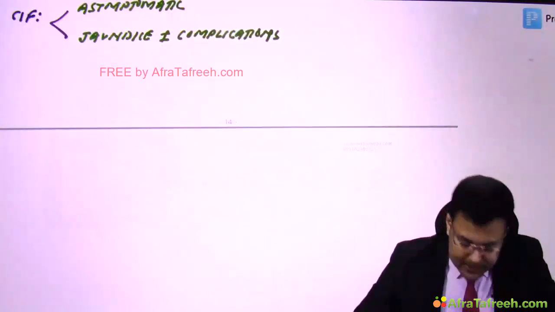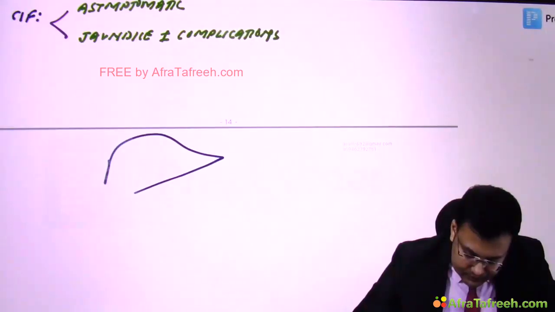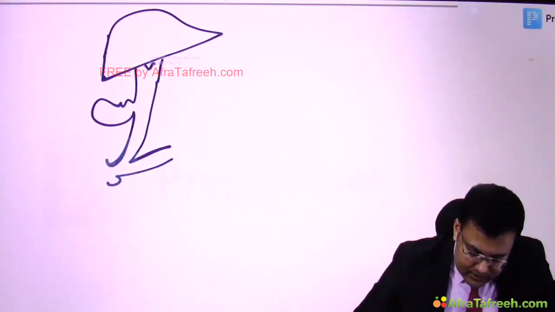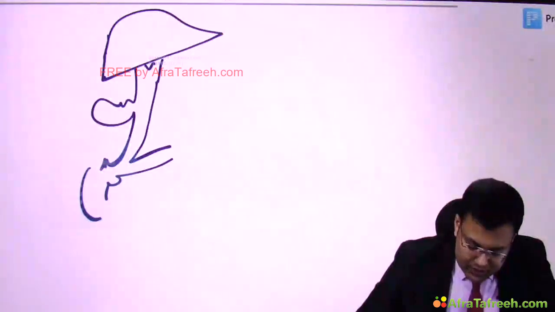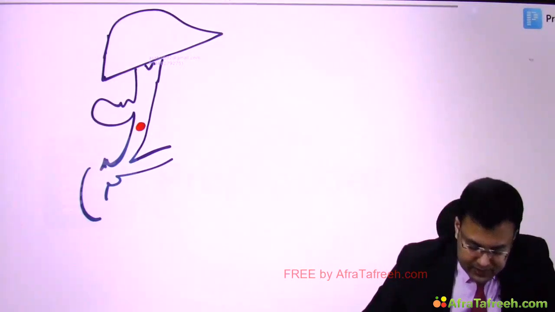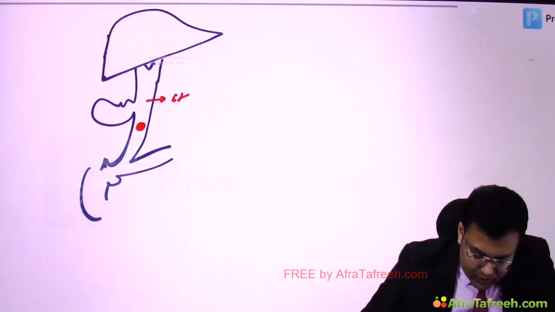So see, what are the complications? If you see, this is liver, this is gallbladder, this is bile duct, right? There is a stone. Because of this stone, there is obstruction, and because of this obstruction, there is infection, and that's known as what? Cholangitis.